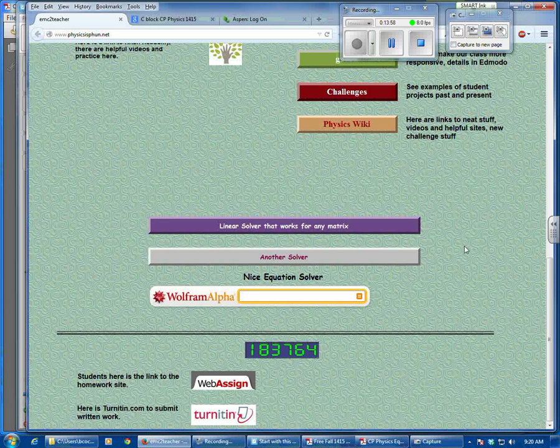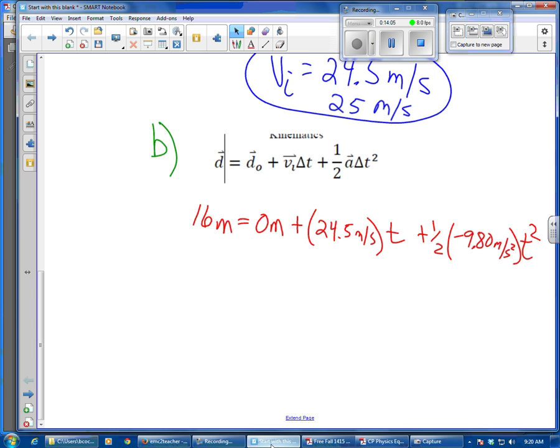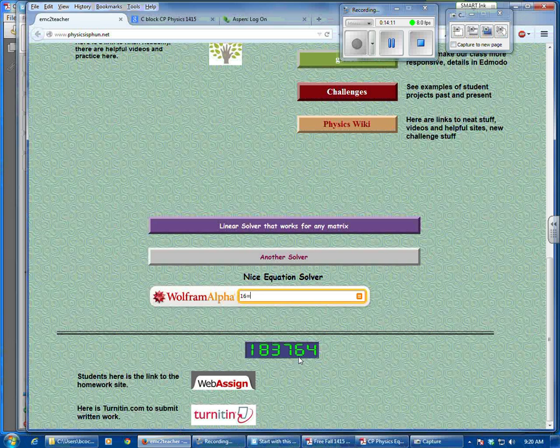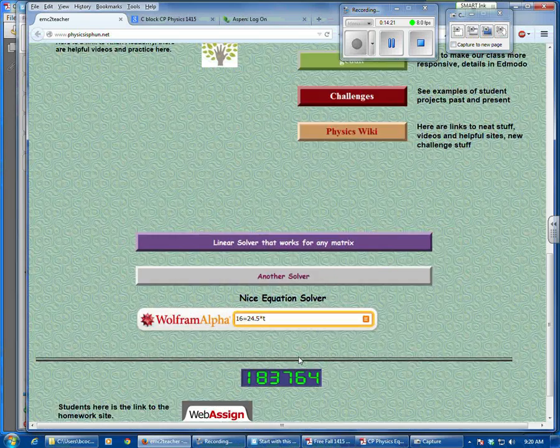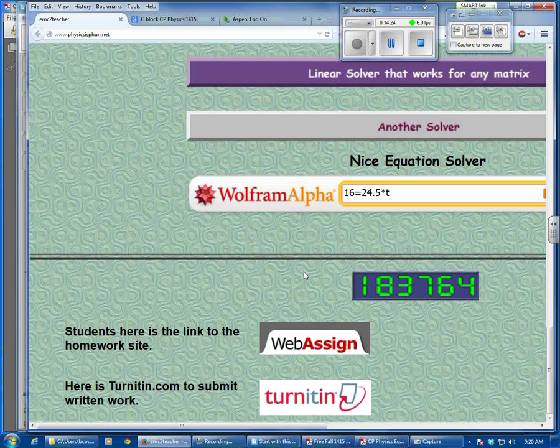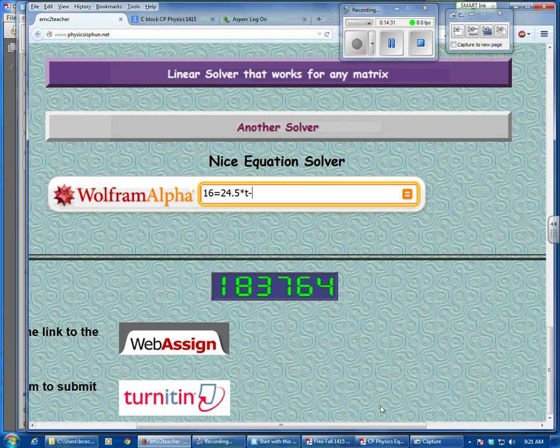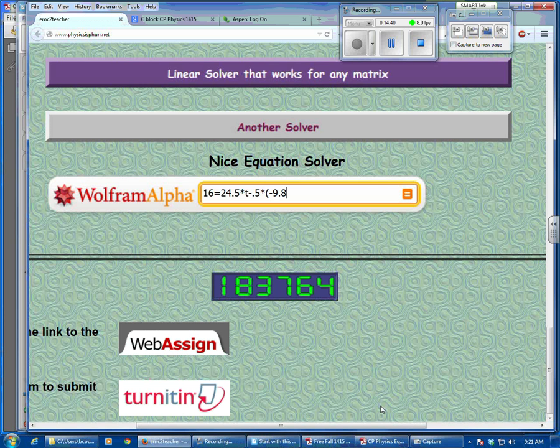And if I put in the equation 16 equals, can I forget about the 0? 24.5 times t minus 0.5 times negative 9.8 times t squared.